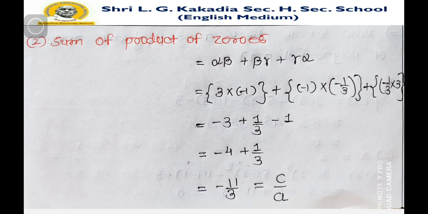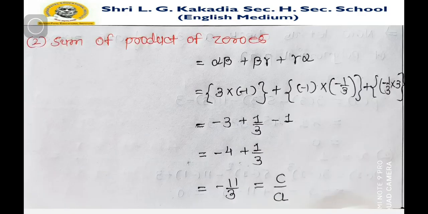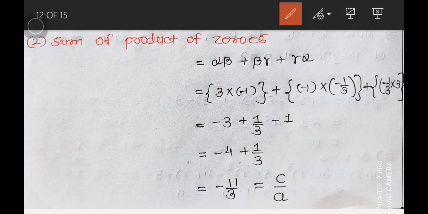So the sum of products of zeros, that is alpha beta plus beta gamma plus gamma alpha, is equal to 3 into minus 1 plus minus 1 into minus 1 over 3 and minus 1 over 3 into 3.